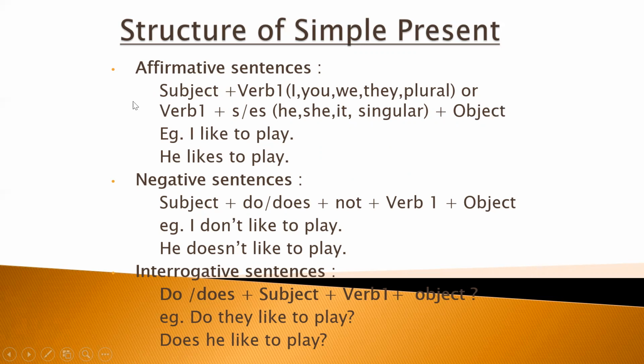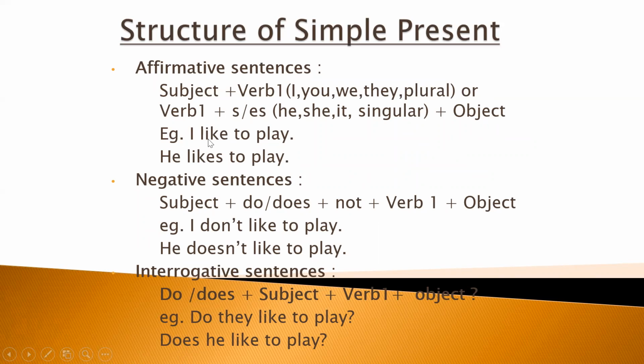Again, let us understand the formation, how do we form the simple present sentences. First subject, then the verb's first form only if the subject is I, you, we, they or any plural subject. But if the subject is he, she, it or singular, we add s or es with that first form of the verb, and at the end we use object.